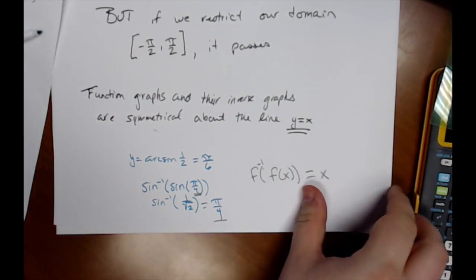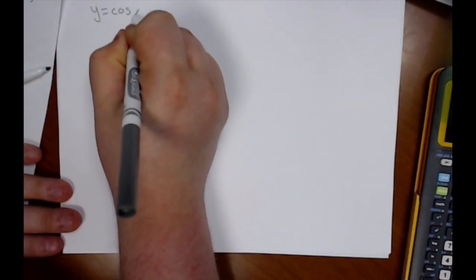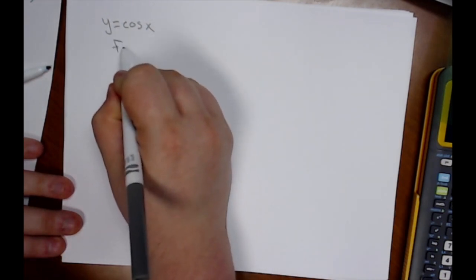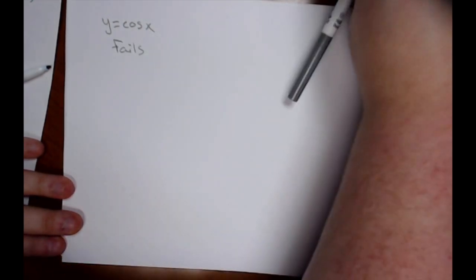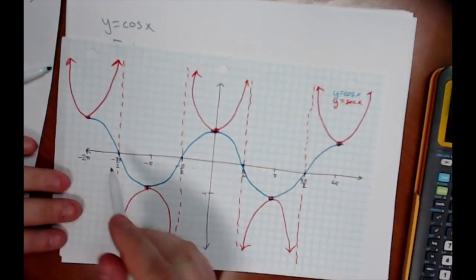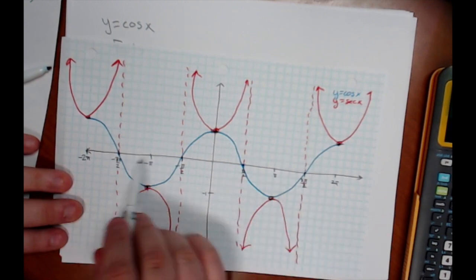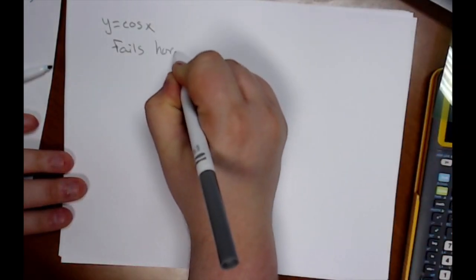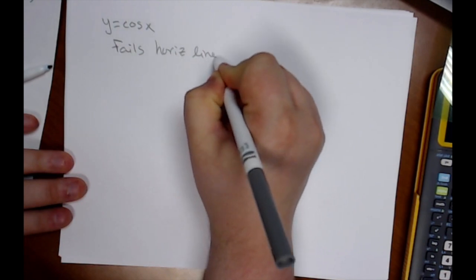And so let's talk a little bit about our cosine, or cosine inverse. So y equals cosine of x. Well, that fails our horizontal line test, because if we draw a line anywhere on this blue, we're going to intersect more than once.